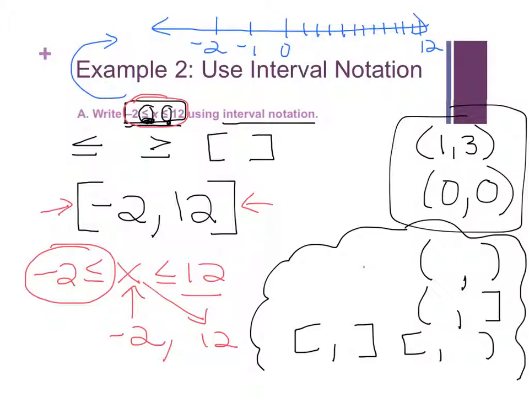And if we are going to graph this inequality, because -2 is included and 12 is included, we would put closed dots on -2 and 12 to indicate those are solutions to our inequality. And then we would shade everything in between those values because we only want the values that are greater than or equal to -2 but less than or equal to 12.